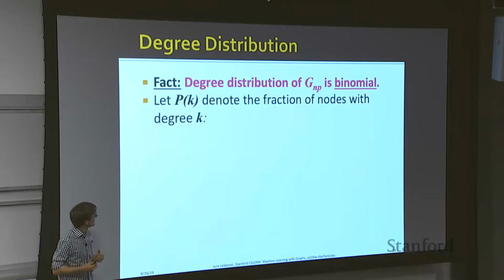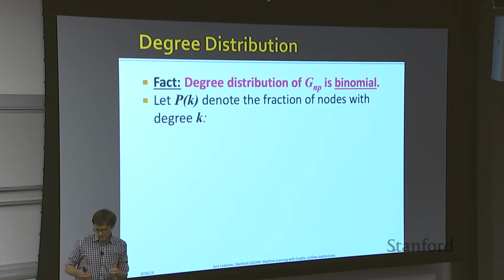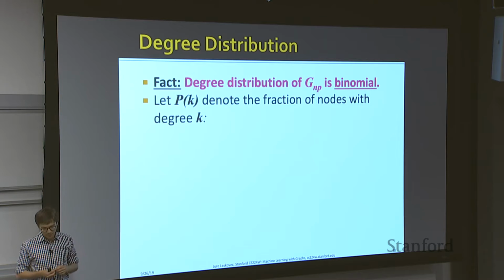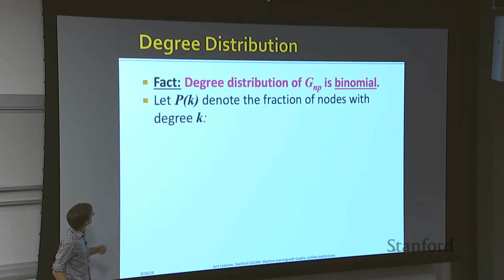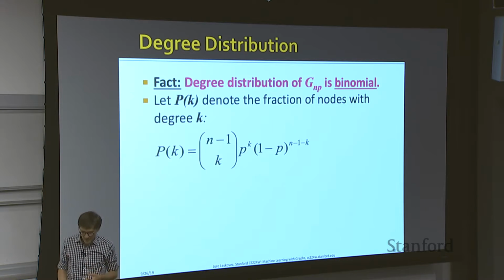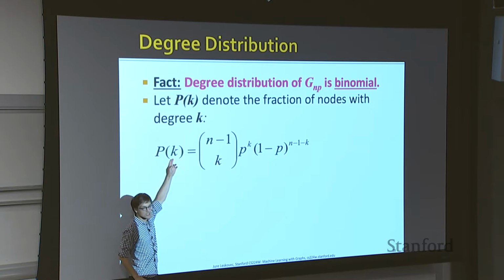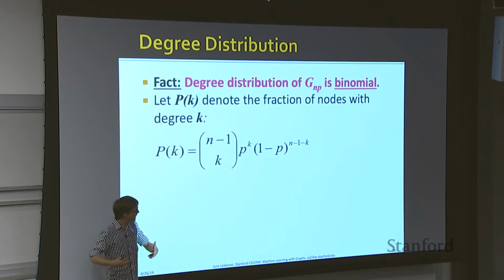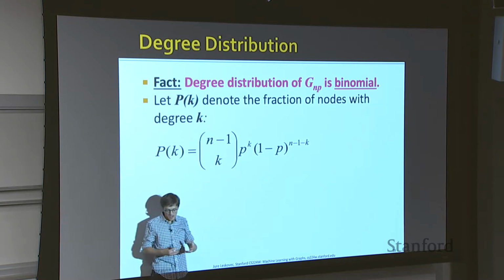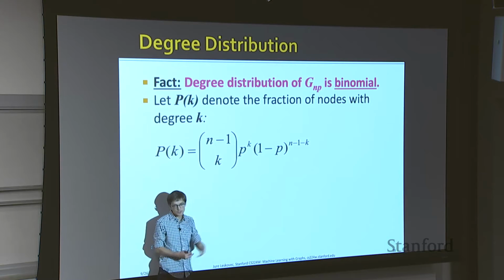Okay? So the first fact is the following. For a G(n,p), so for a graph with n nodes where every pair of nodes is connected independently with probability p, the degree distribution is binomial. The way you figure this out, you say let p_k denote the fraction of nodes with degree k. Then you ask, how many nodes do I expect to have degree k? If I have a node, then there are n minus 1 other nodes, and out of these n minus 1 other nodes I have to select k of them.